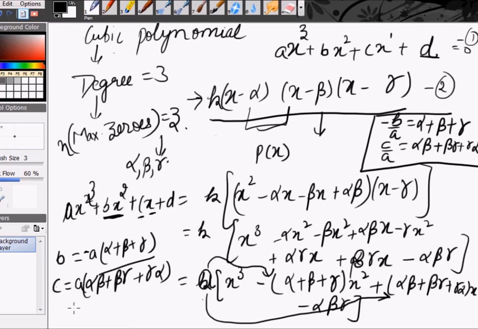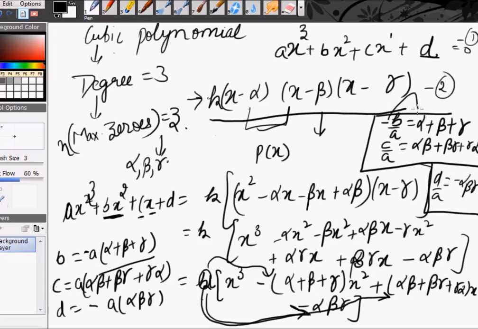Last but not the least, d equals minus a alpha beta gamma. Again d by a equals minus alpha beta gamma.